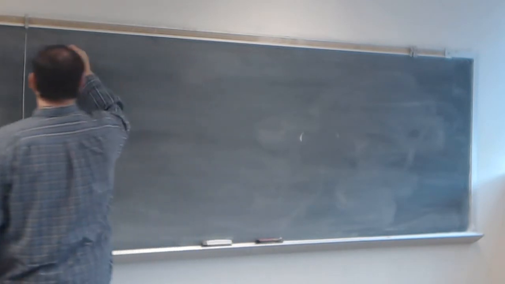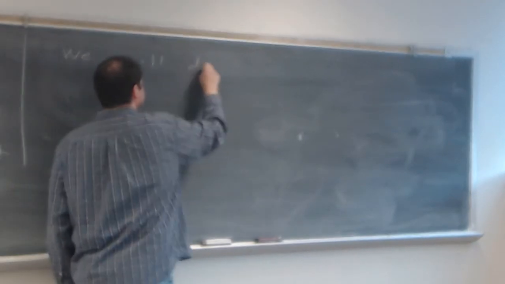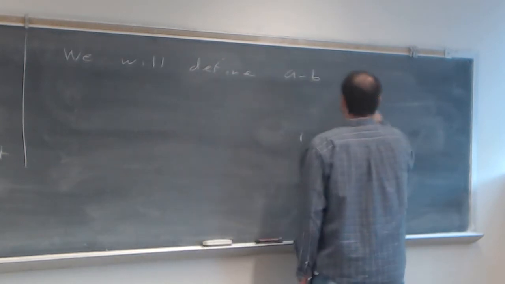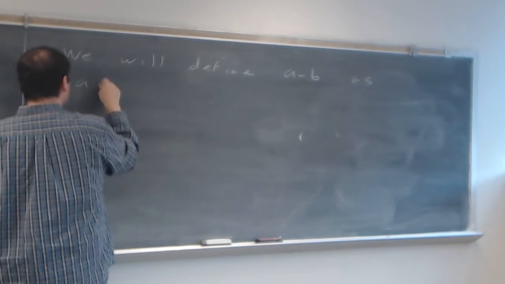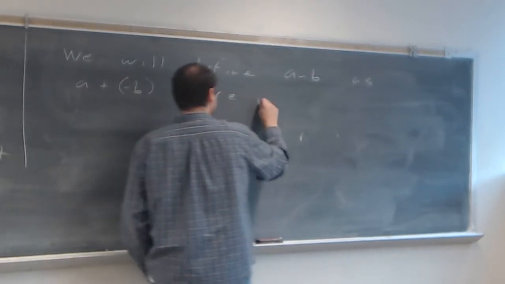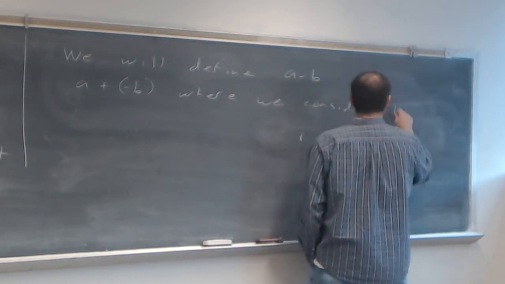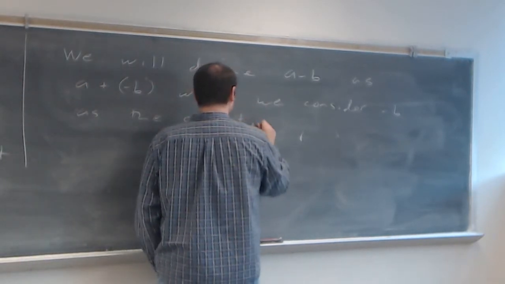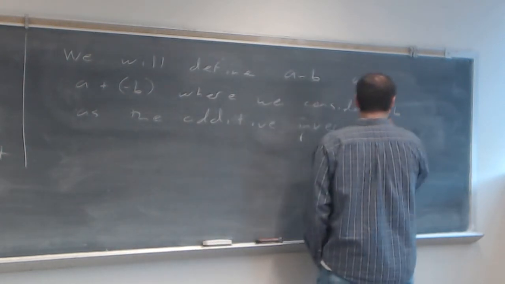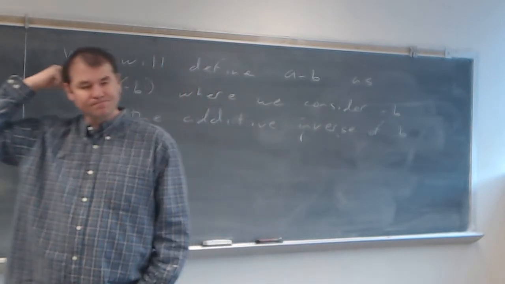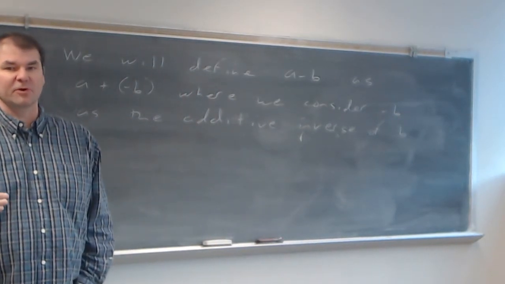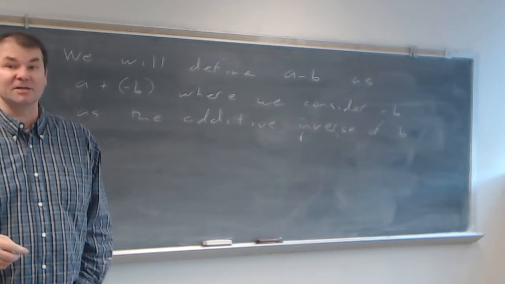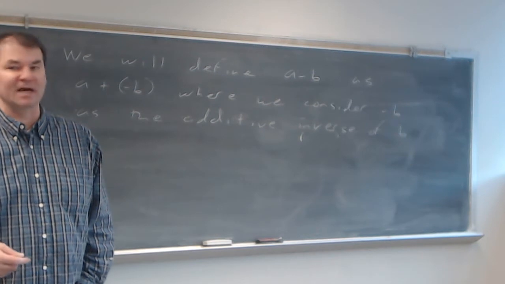So here, as a definition, we will define A minus B as A plus minus B, where we consider minus B as the additive inverse of B. When you first learned about subtraction, you might remember that people told you that really we turn a subtraction into an addition and we change the sign of what follows.